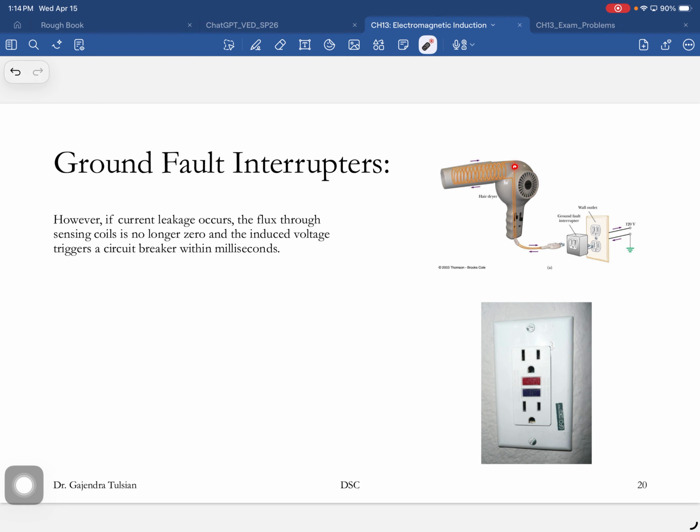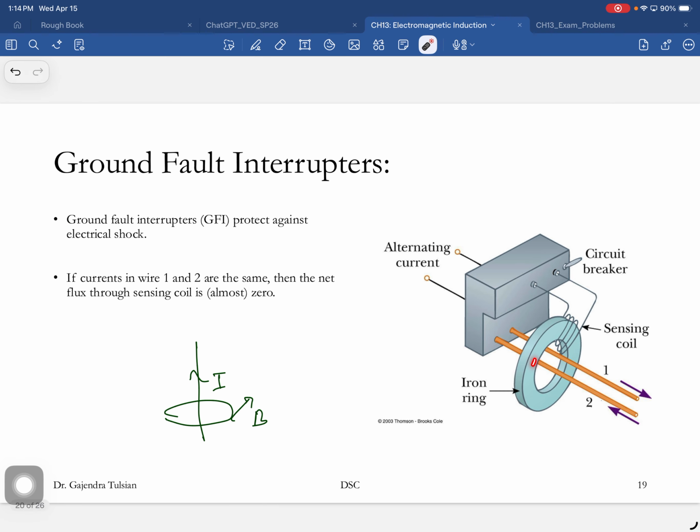Soon as current leaks, so if there's a breakage and current leaks and flows through your body instead, now these currents become unequal, and the magnetic flux through this thing is non-zero now. Soon as there's a magnetic flux through this, you induce an EMF in here, and with that voltage you can trip a circuit breaker and shut it immediately off.